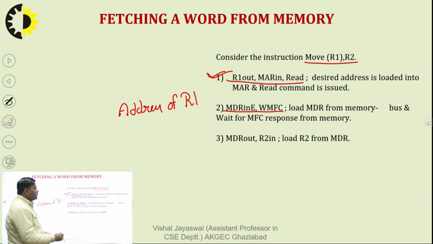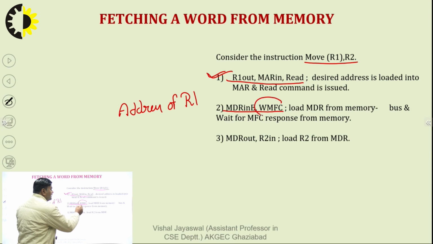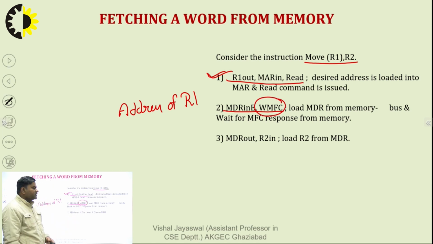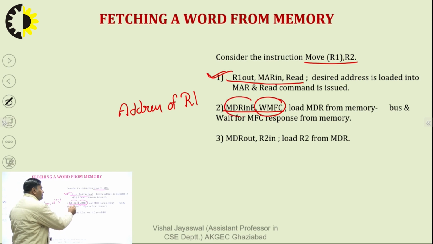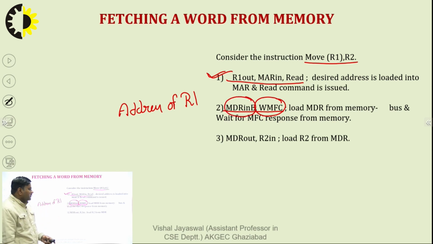So we are going to use WMFC signal, means wait for memory function completed, and MDR in E switch is enabled, so that the value read from the memory goes into the MDR register.